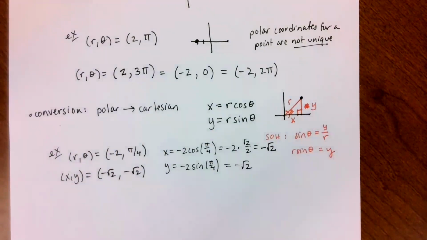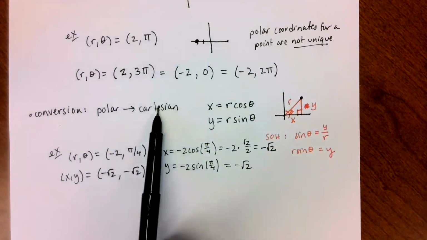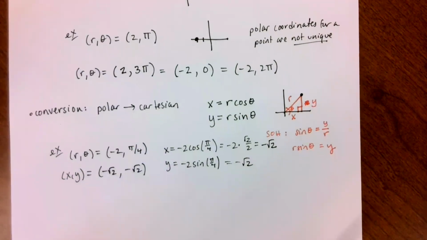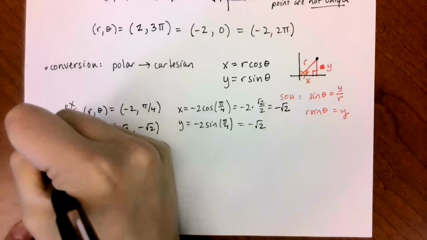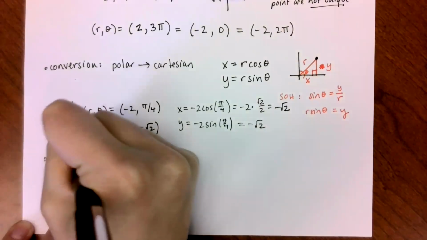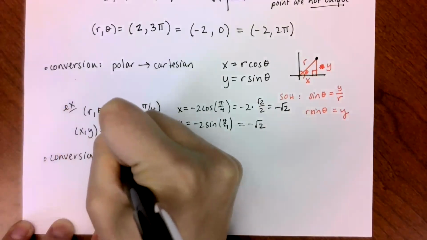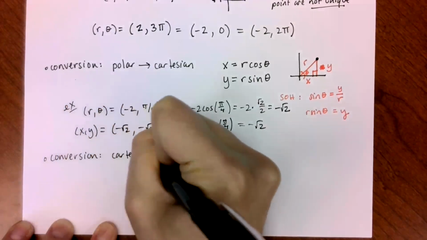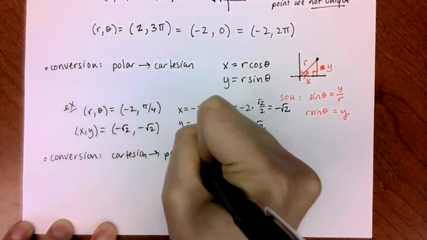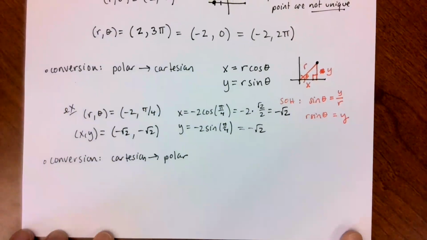Converting in the other direction is a little bit trickier. So this will be the conversion from Cartesian into polar. Right, so we can again kind of play with this triangle.